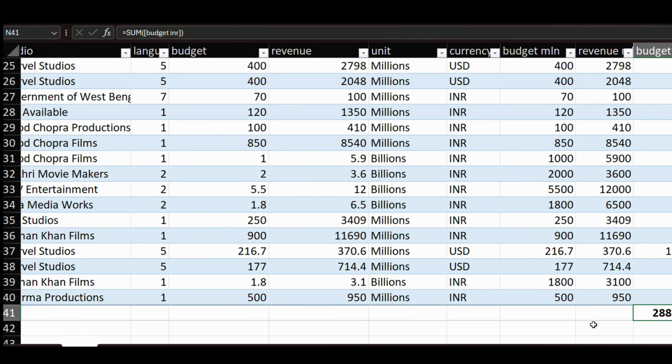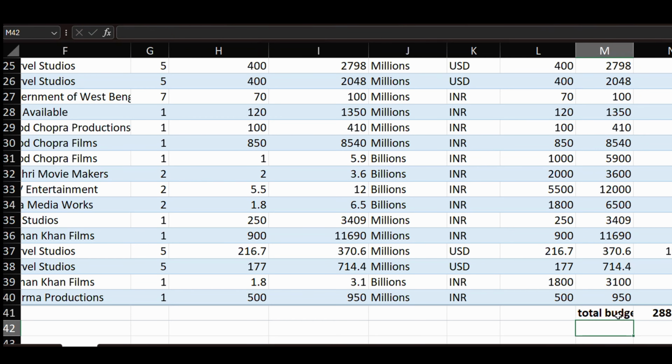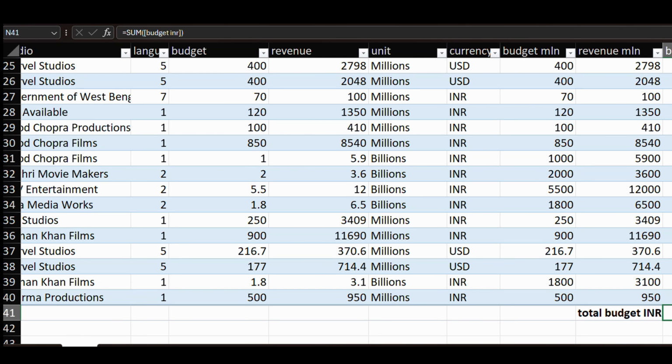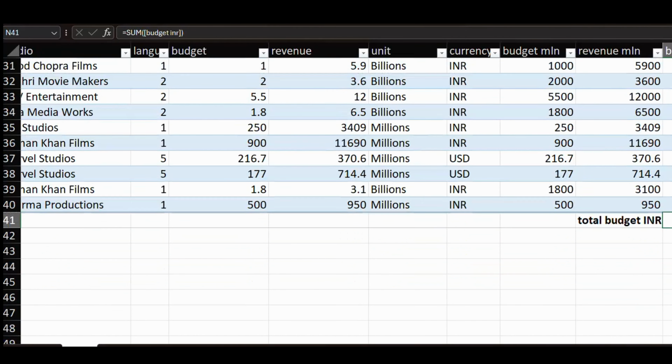Press bracket. You get this one. So this is the total budget INR. Total budget in INR is this much. Now, if you drag this formula here, you will get the revenues in INR. So this is revenue INR.